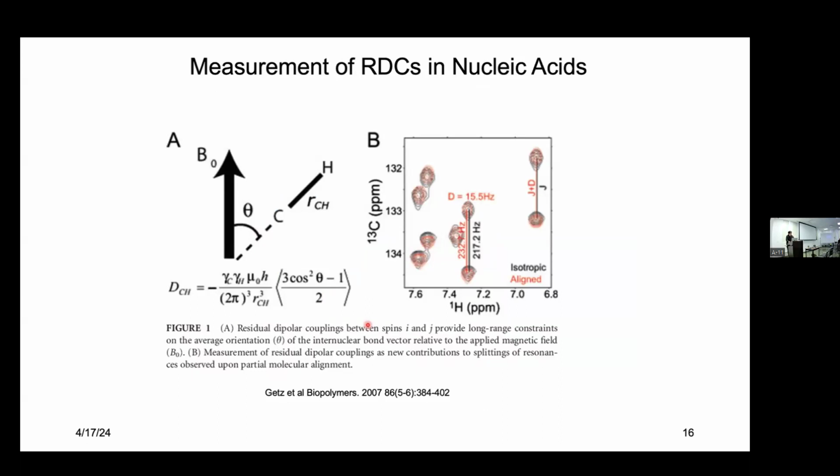When something already has a scalar coupling, like a CH bond, a one-bond directly bonded scalar coupling, the CH dipolar coupling, the RDC, will just simply add. It won't generate a new splitting because there's already a CH splitting. It's just going to add to the pre-existing splitting, and therefore make the splitting appear bigger or smaller, depending on the relative magnitudes and signs of the scalar coupling and the dipolar couplings.